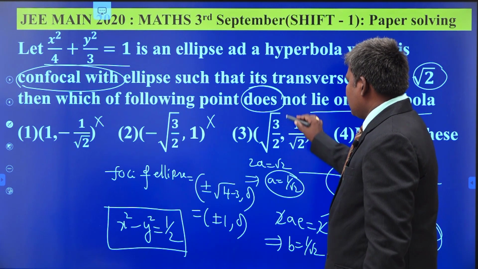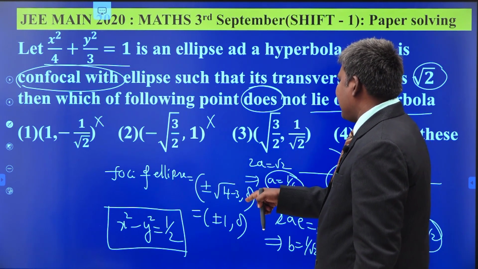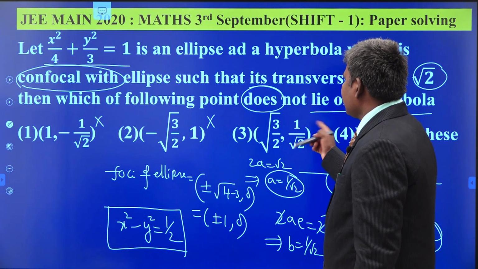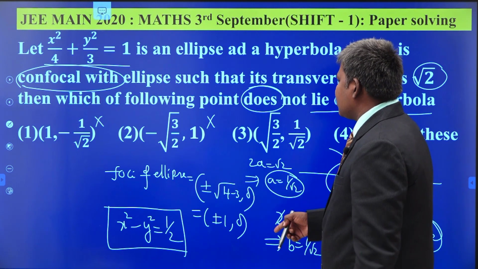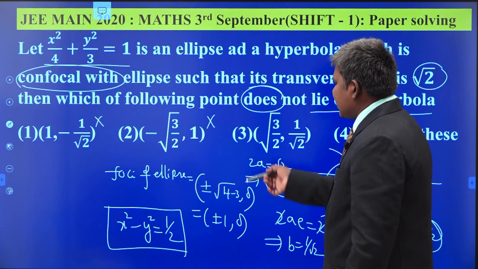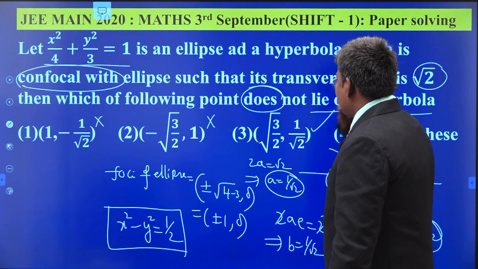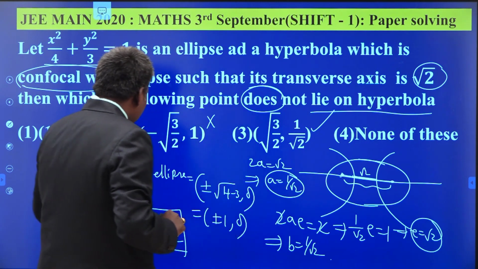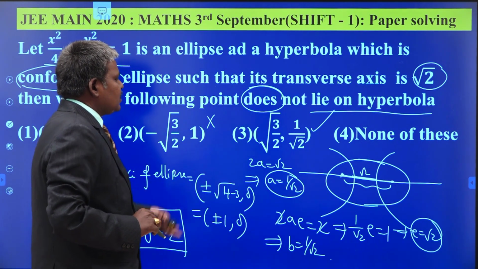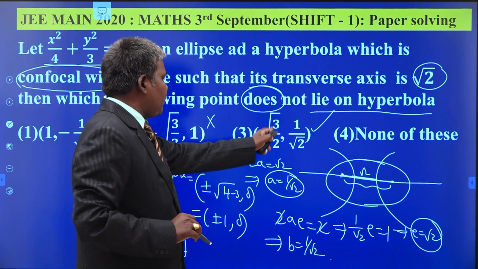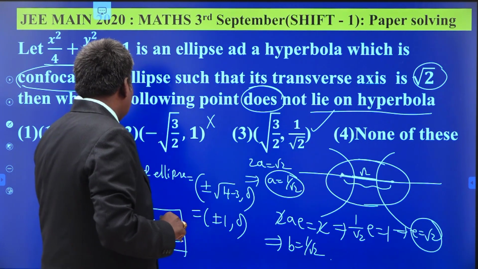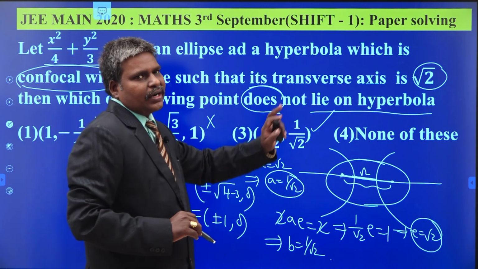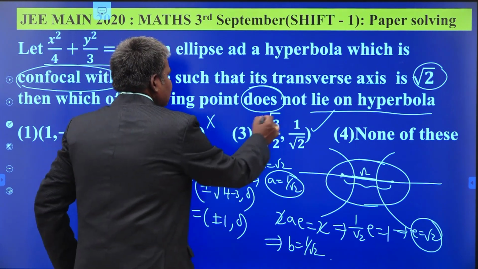Consider this one, root 3 by 2 whole square means 3 by 2 minus 1 by 2. 3 by 2 minus 1 by 2 means what? 2 by 2, that is 1. 1 is not equal to 1 by 2, this is the point which does not lie on our hyperbola, so it is our correct option. So after finding the hyperbola equation, this is very easy for you. Root 3 by 2 and 1 by 2 does not lie on my hyperbola, that is why this is our correct option.